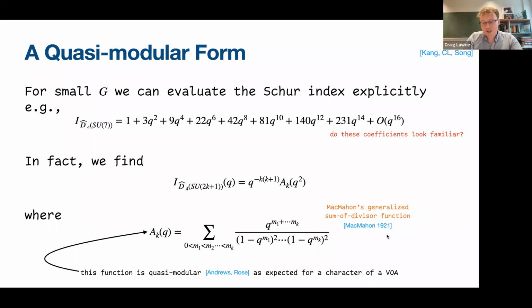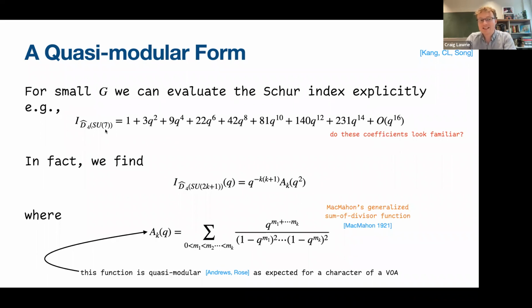This is some function that MacMahon wrote down just over 100 years ago. And it's a quasi-modular function, which was shown in this paper by Andrews and Rose, which you would expect as the Schur index is the character of the VOA, and so you should hope that it's quasi-modular. So yeah, this is sort of interesting. This D4 hat theory has a Schur index which is this rather interesting number theoretic function.